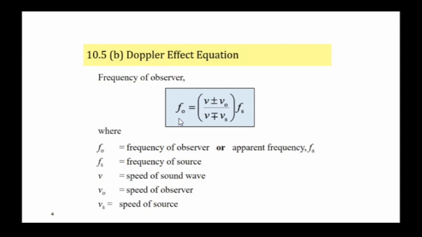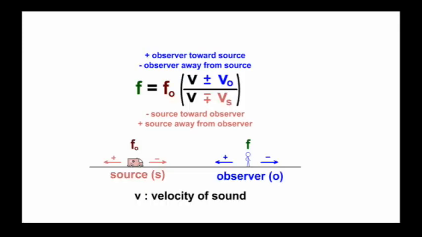It's the same thing. f_s is the frequency of the source. v is the speed of sound waves, which is 330 meters per second. v_o is the speed of the observer, and v_s is the speed of the source. Okay, next.